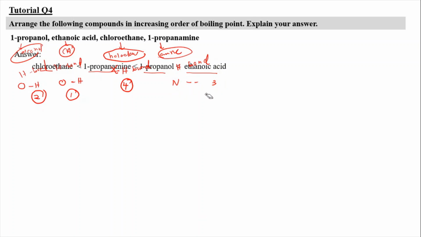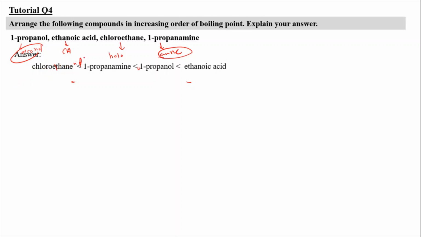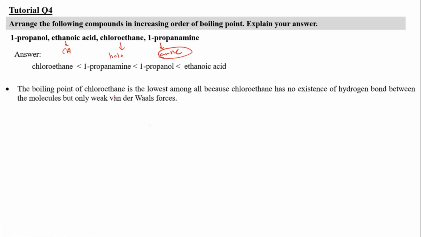I will erase this first. So this is the answer here. And for the explanation, the boiling point of chloroethane is the lowest amongst all because chloroethane has no hydrogen bonding between the molecules, only weak van der Waals forces.